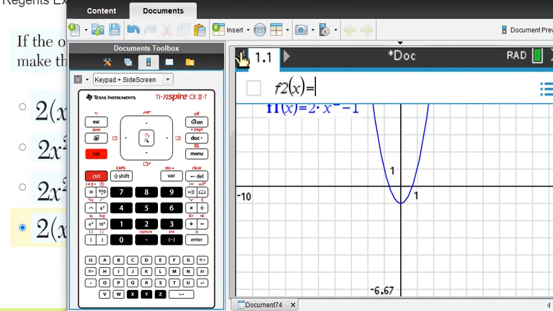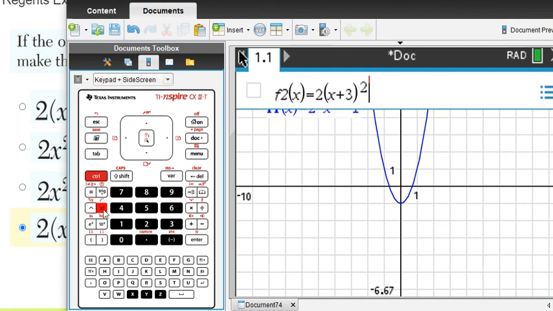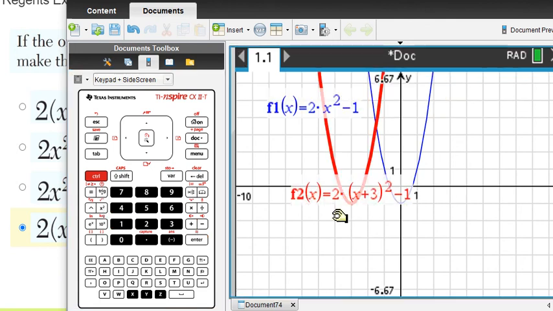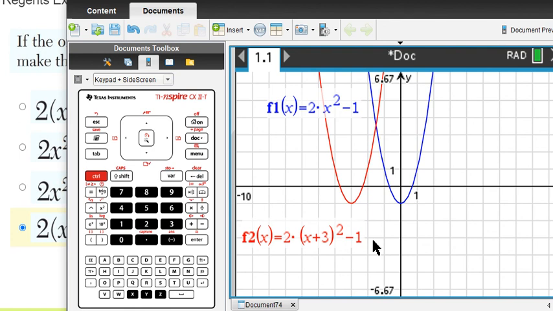So we know that 2 times x plus 3 quantity squared minus 1 moves us 3 units to the left.